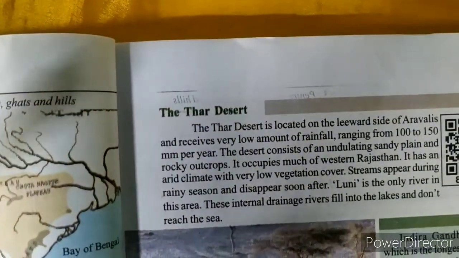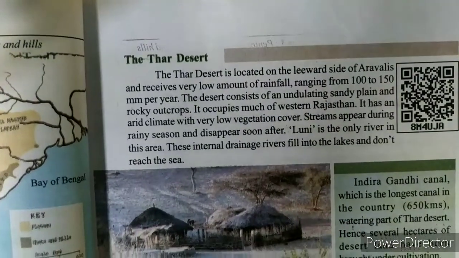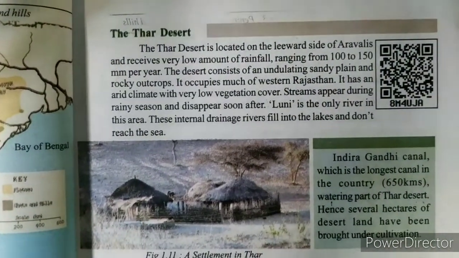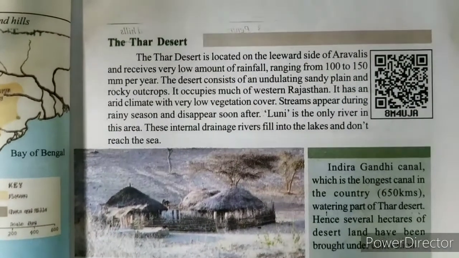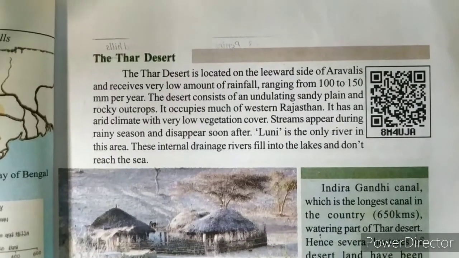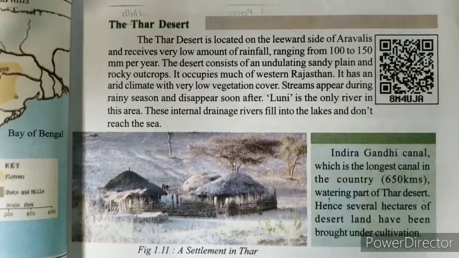The desert is in the west of Rajasthan and it is the 7th largest in the world. It consists of sand and rocks. It is situated on the leeward side of the Aravalis, and rainfall is very scanty, almost 100 to 500 millimeters a year.